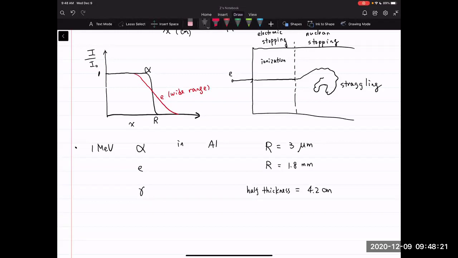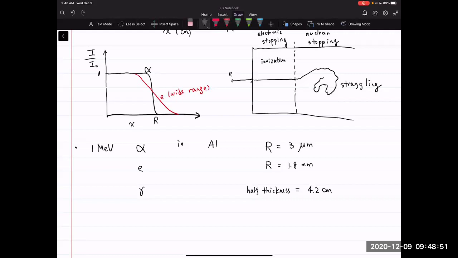But for the other three, alpha particles, electrons, and gamma, all with 1 MeV energies, you can estimate roughly how deep this radiation can go. That ranges from micrometers for heavy charged particles to millimeters for light charged particles to centimeters for photons.